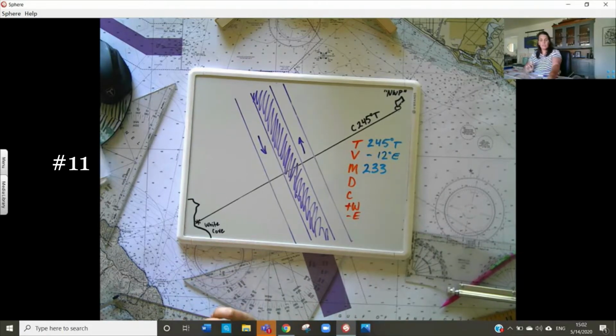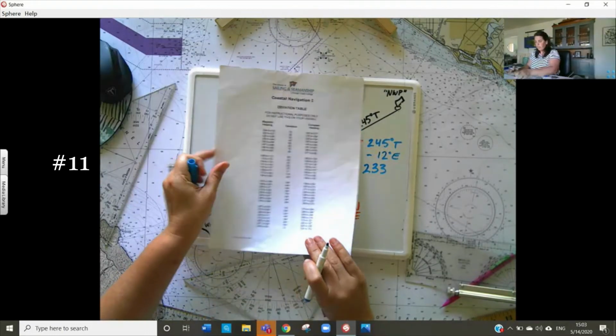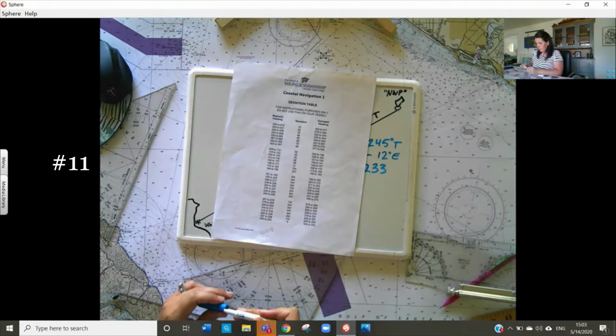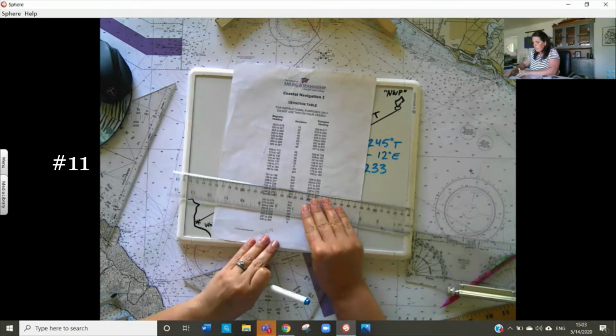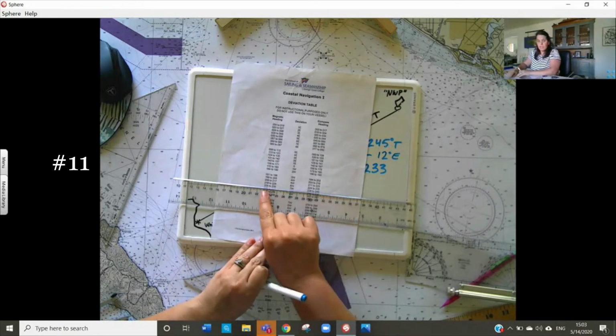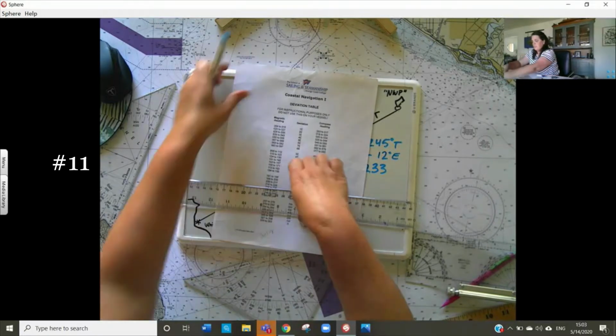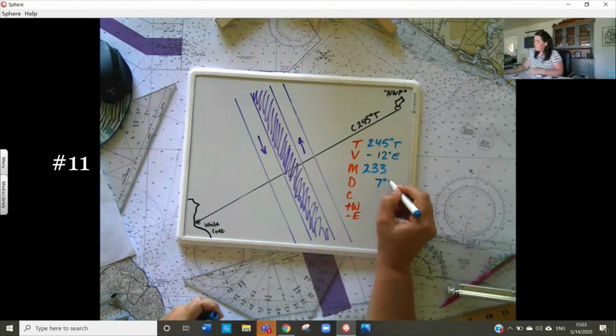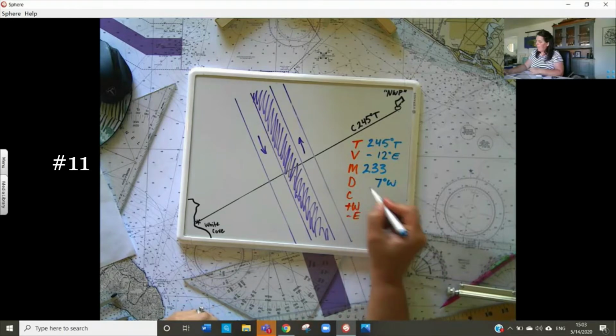Deviation, we use the deviation table. So we're looking for a magnetic heading of 233. We have in between 229 and 235 a deviation of 7 west. So we could say 7 west, and because it's west, we'll be adding that.